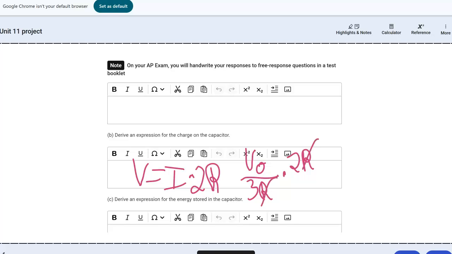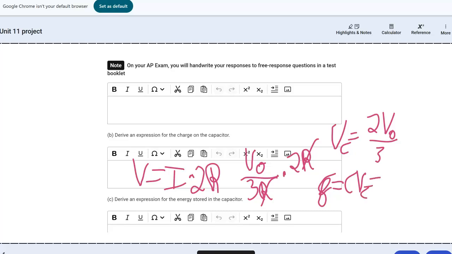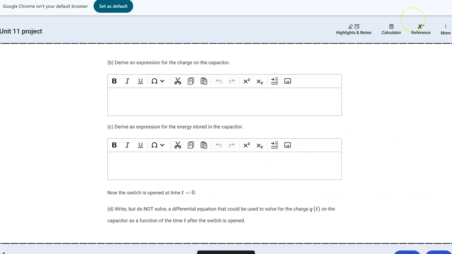So we get 2 V naught over 3 for our voltage. And then we just have to plug this into our Q equals C times voltage of the capacitor formula. So it's going to be 2C V naught over 3. That's our expression.